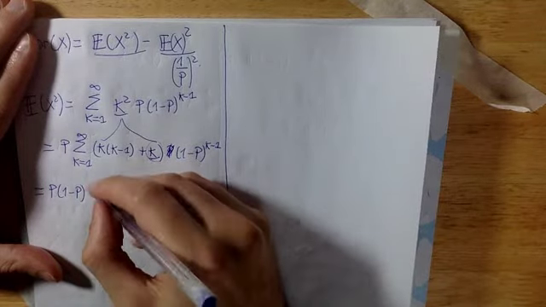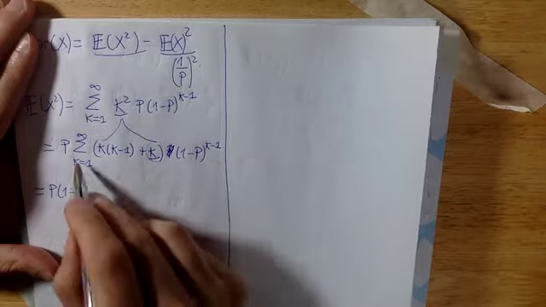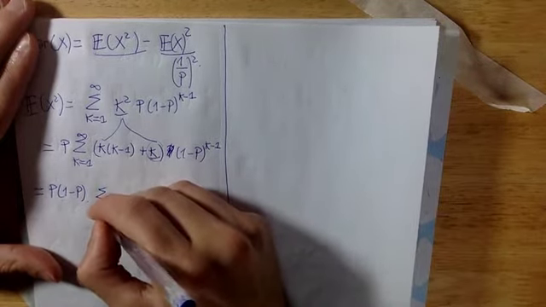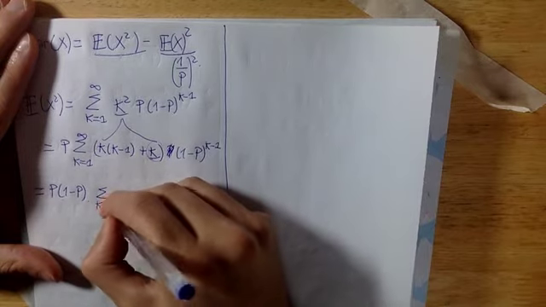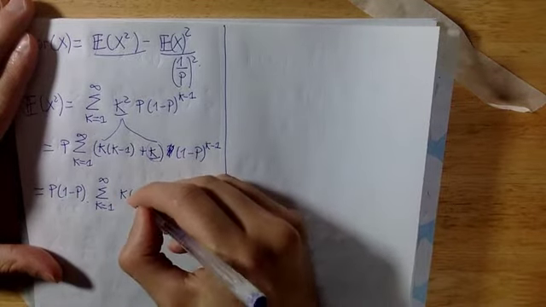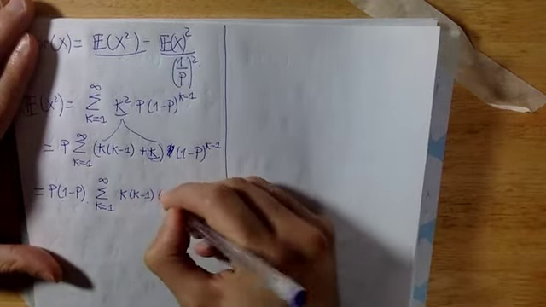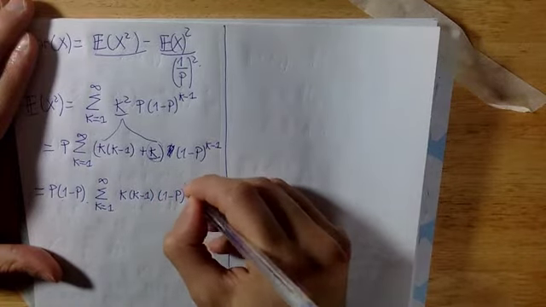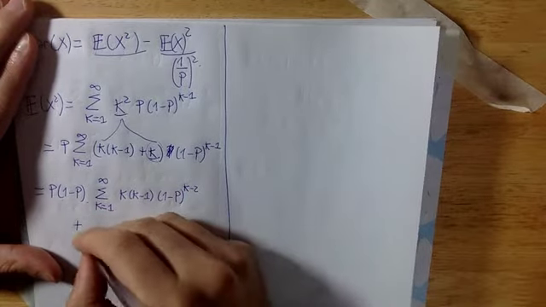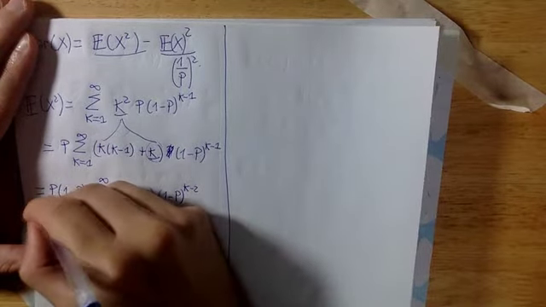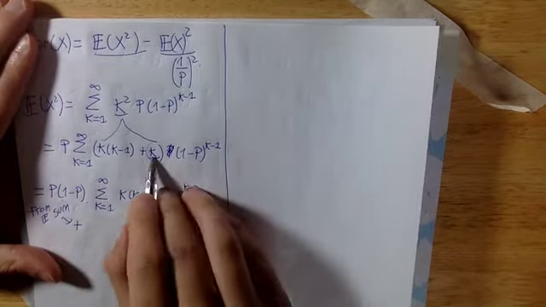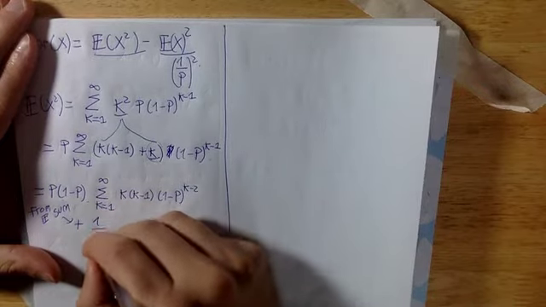And then what you're going to get here is, I have taken a factor of 1 minus p outside, and this is going to be the sum from k equals 1 up to infinity of k times (k minus 1) times (1 minus p) to the k minus 2, plus, and then this is from the expectation sum, this term is exactly 1 over p.